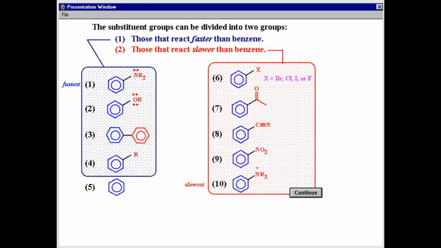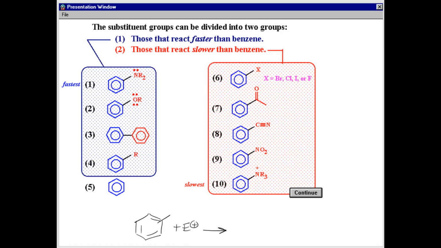So here is a table that you will have to know of the groups, and they are ranked right now from fastest to slowest. And so in each of these cases, this is based on experimental evidence. So we take a benzene ring with a substituent on it, and we react it with an electrophile, and we measure the rate of reaction.